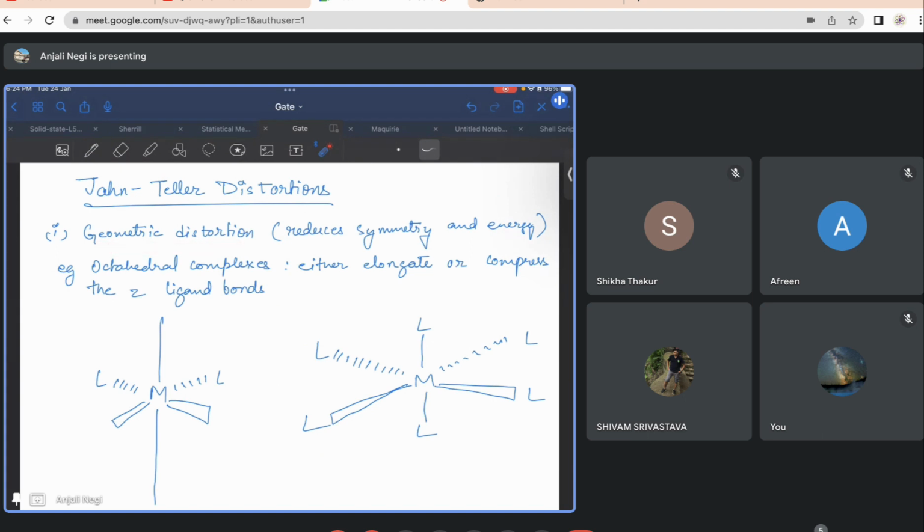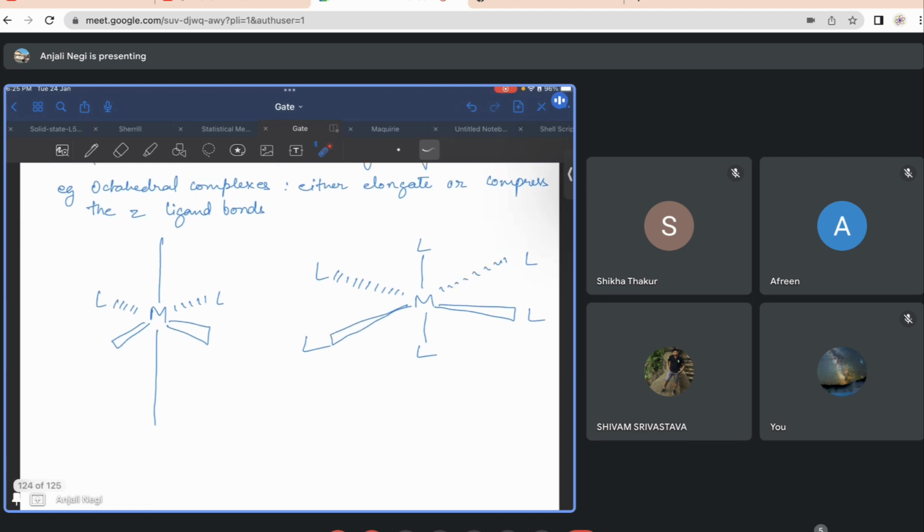It reduces the symmetry of my complex or my molecule, and the energy is also reduced in that process. An example is octahedral metal complexes, where either elongation or compression of the Z ligand bonds is observed in the given complex.